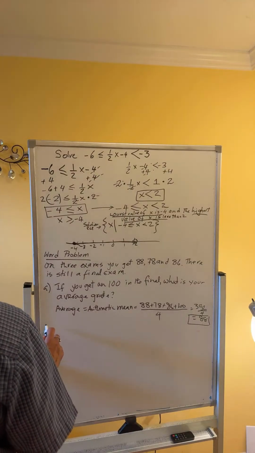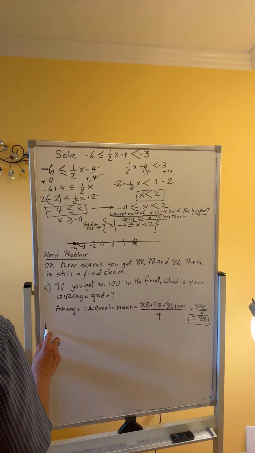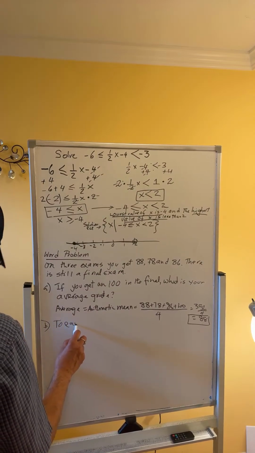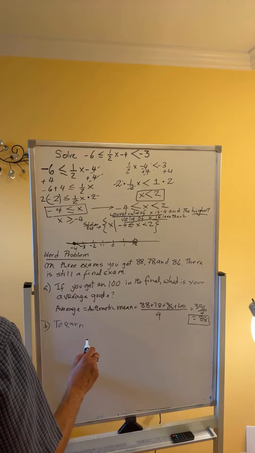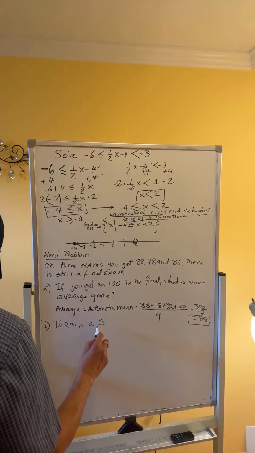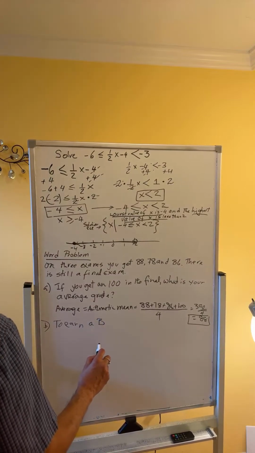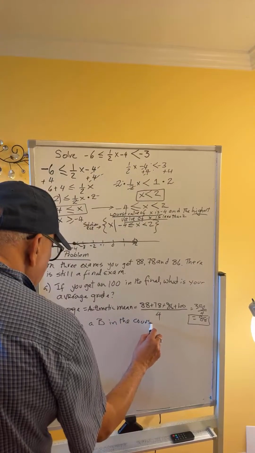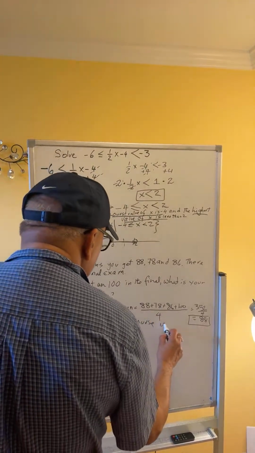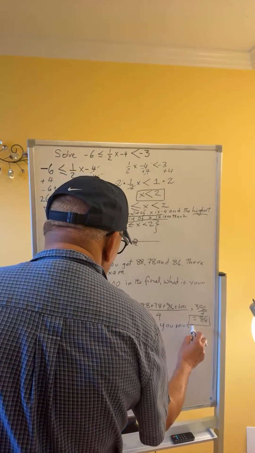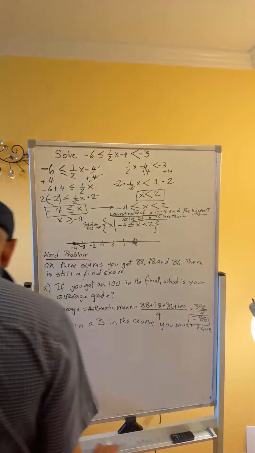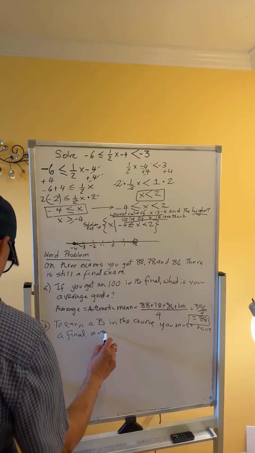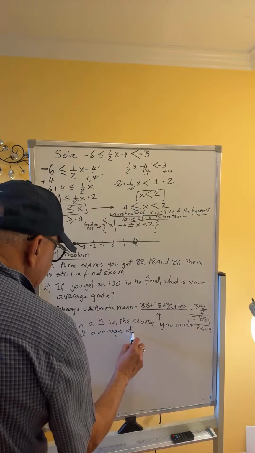In part B, they ask: to earn a B in the course, you must have a final average of at least 80.